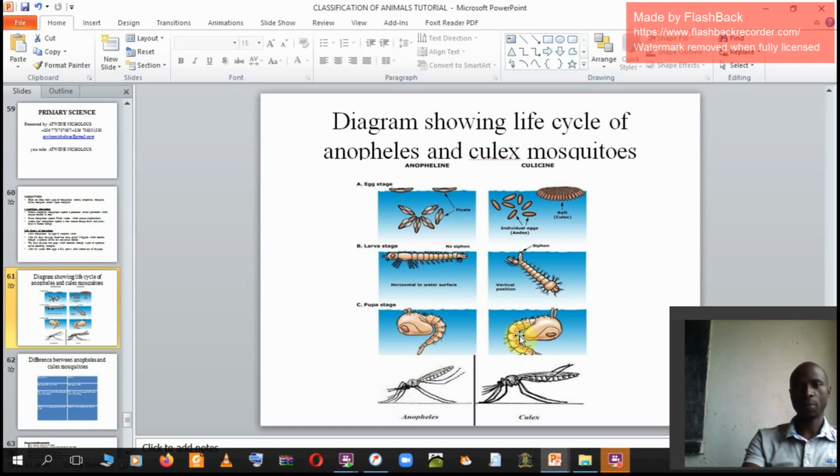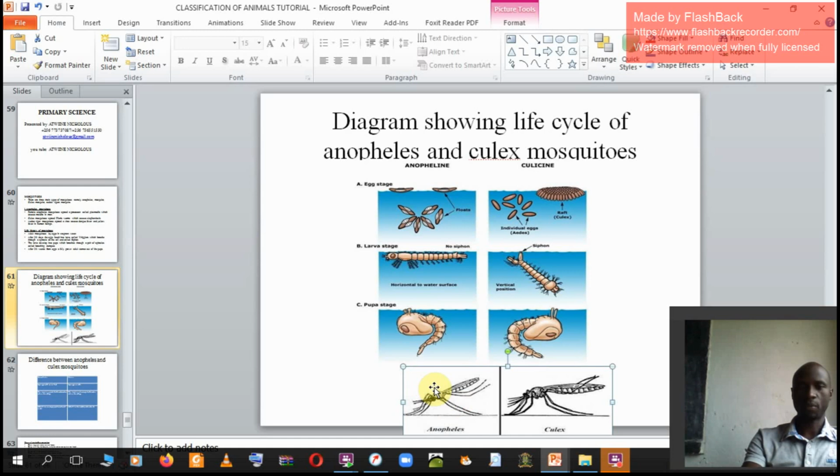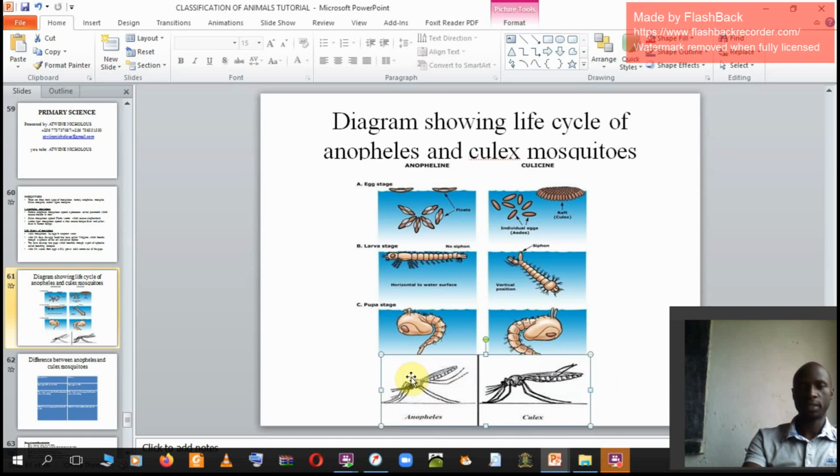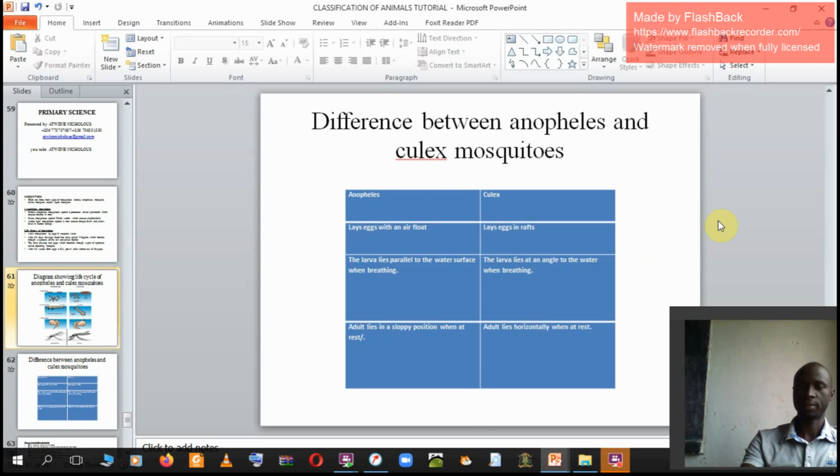Then for pupa, you can see, then finally they will develop into adult Anopheles or adult Culex here. But master the arrangement of larvae for both Anopheles and tiger and Aedes.